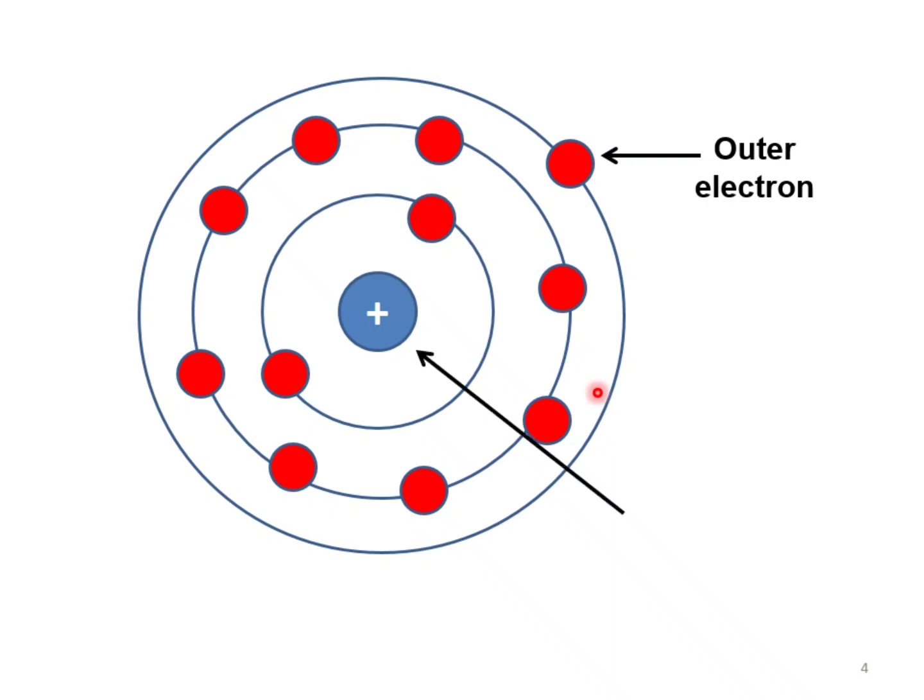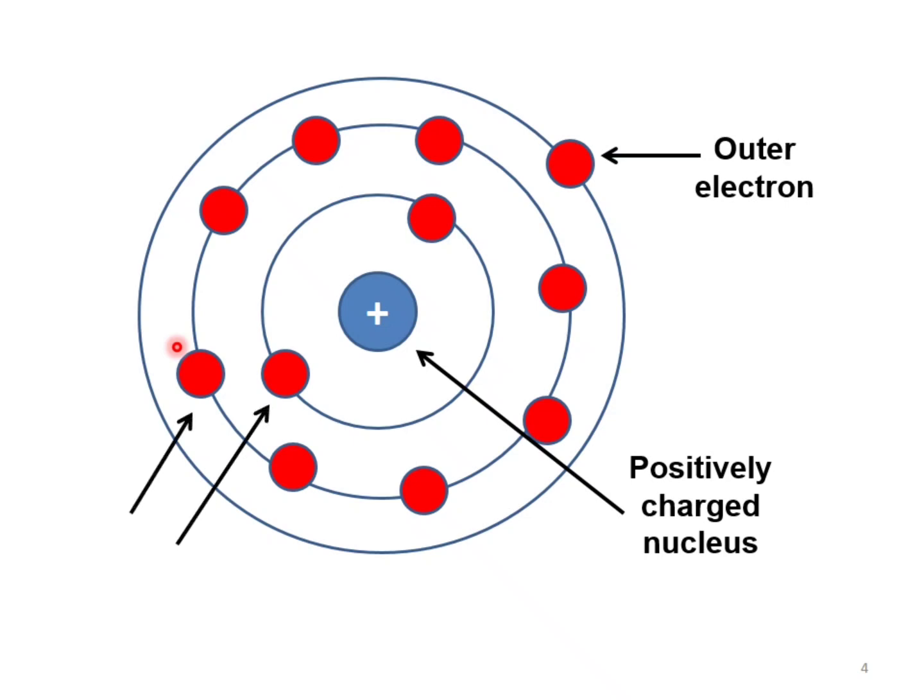Okay, and then kita ada positively charged nucleus, because we know that inside the nucleus consists of protons. And then yang lain tu dipanggil sebagai inner electron. Inner electron tu adalah elektron yang duduk belah dalam lah, di mana dia berada pada first shell dan second shell. Okay, third shell ni dah dikira sebagai outer shell. Dan elektron kat sini kita panggil tadi outer electron.